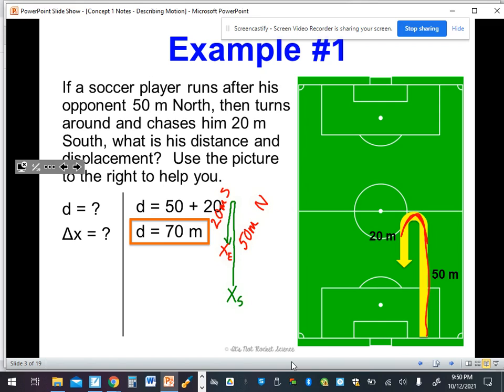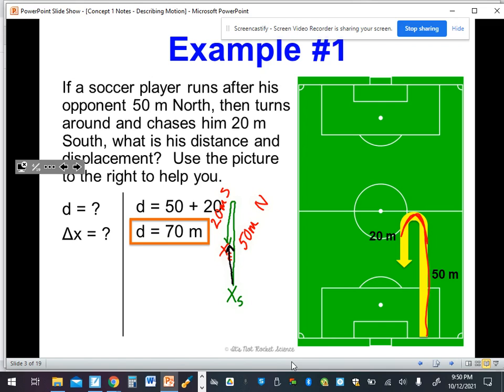Makes sense? Now, your displacement, again, is how far are you from your starting point now? Okay? So let's look at this one here that I drew myself. And I really only want to know what is my distance from this starting spot to this ending spot. What is my distance and direction? So my distance is the difference between the 50 and the 20.